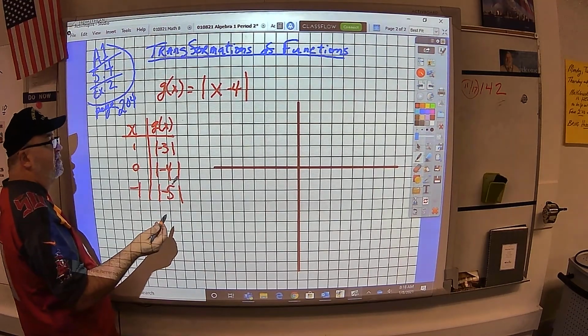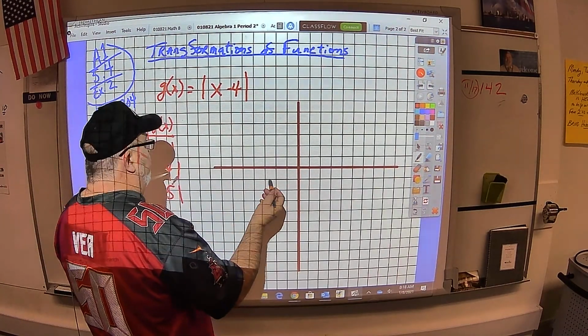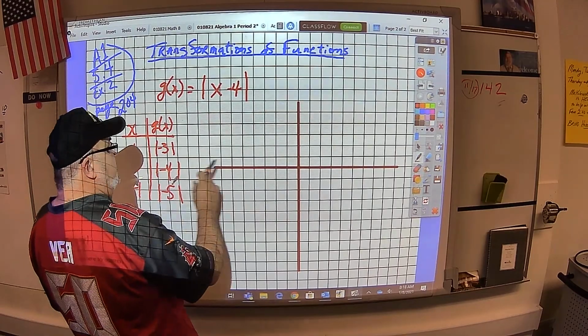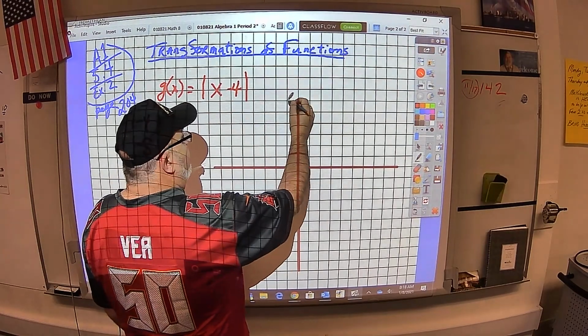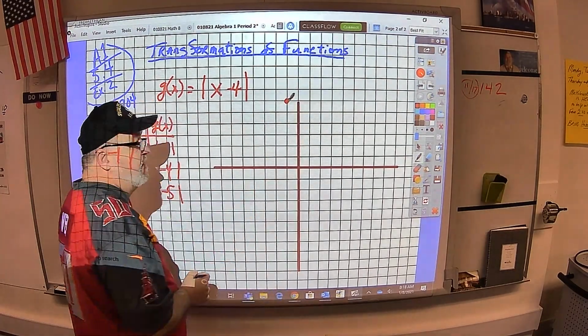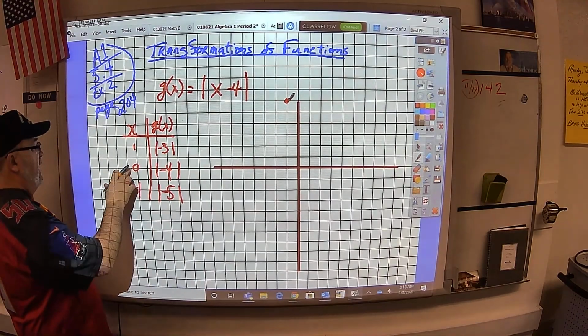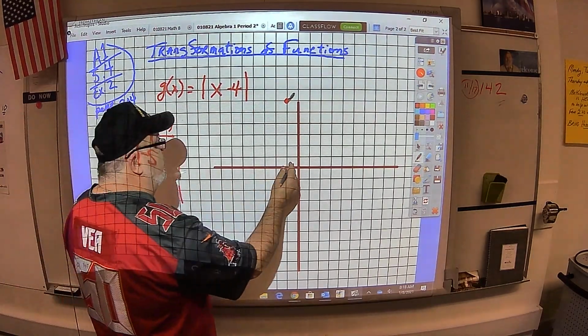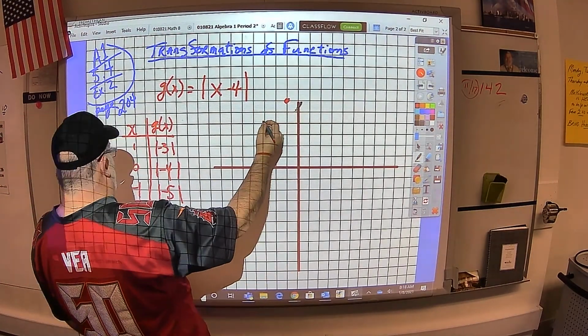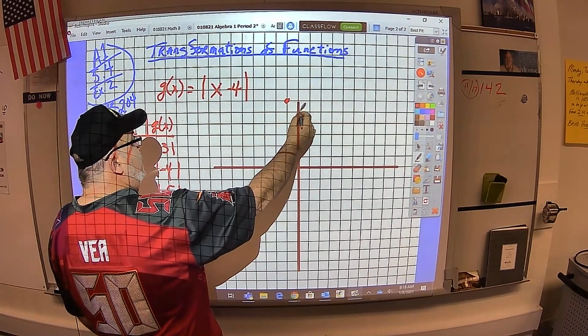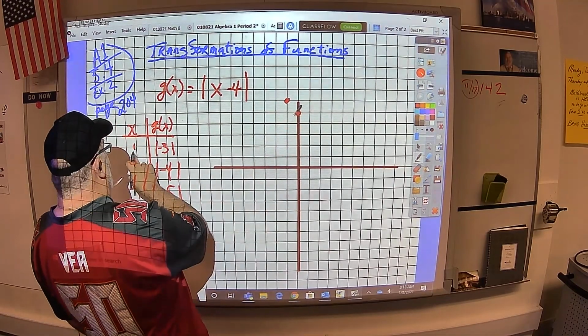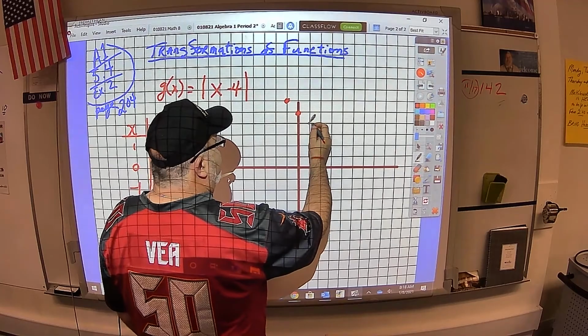So our model looks like this. At negative 1, that's our first point. At 0, this is our second point. At 1, it's 3.